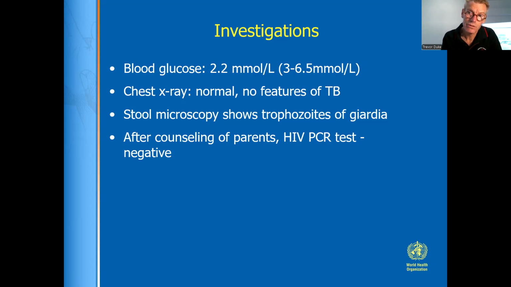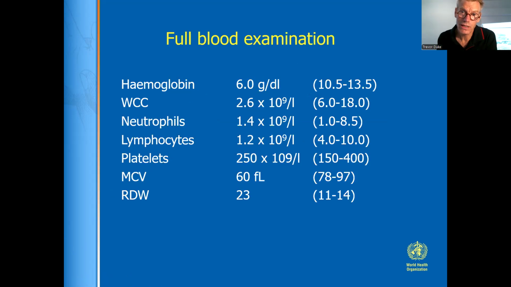And during the admission, Kobe's parents agreed to having a test for HIV, and that was negative. So we know from this that he's got no evidence of TB. He's not got HIV. He's got hypoglycemia, and he's got Giardia. So we're building up an understanding of the diagnoses that are present in this child.